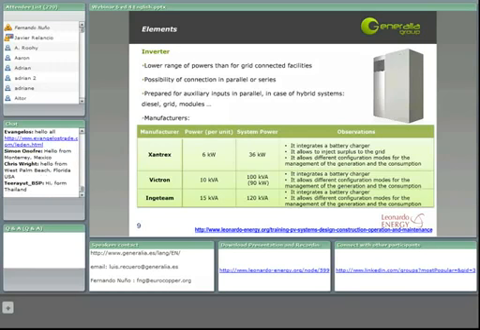Other observations are that some of them include a battery charger, most of them in fact, and some of them also give us other tools, like for example the Santrex, which allows us to inject surplus generation to the grid, or the allowance of different configuration modes in order to manage the generation and the consumption.